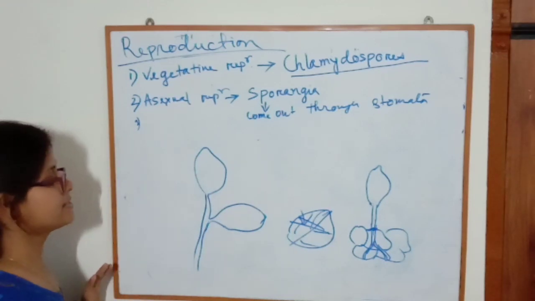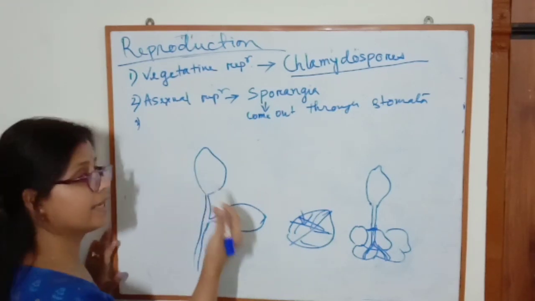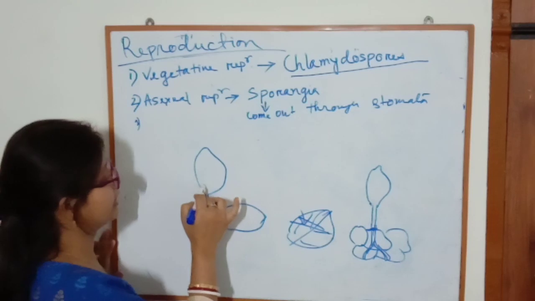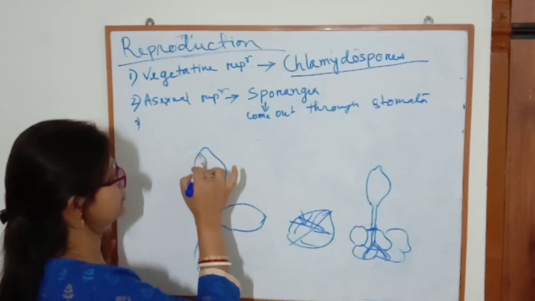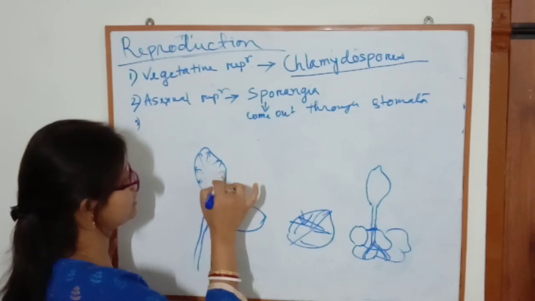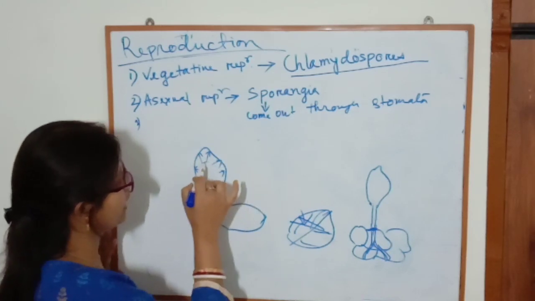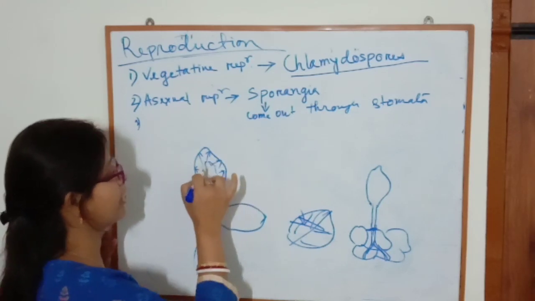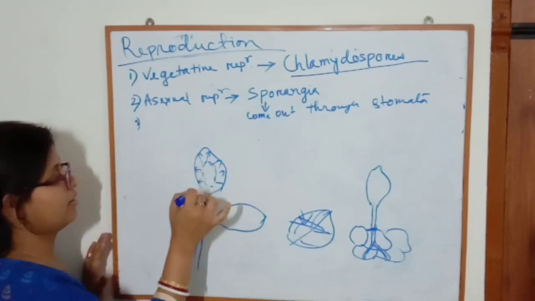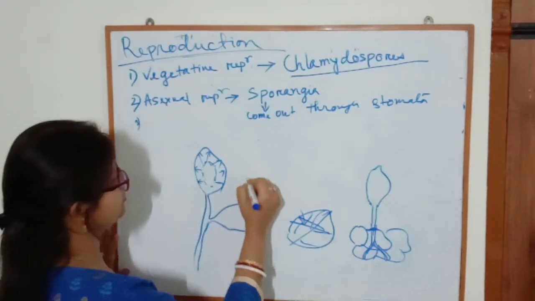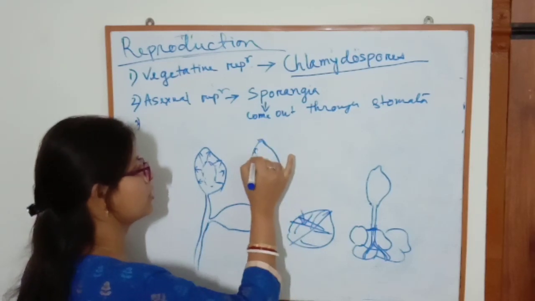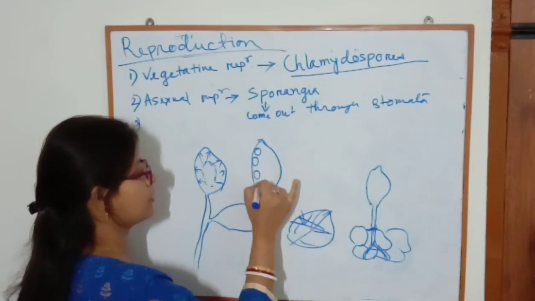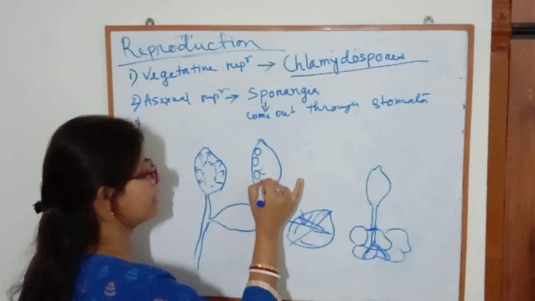What happens inside the sporangia when they mature? The cytoplasm migrates towards the edges of the sporangia, and they form a vacuole inside. After that, spores are present inside the sporangia, and the spores are motile.